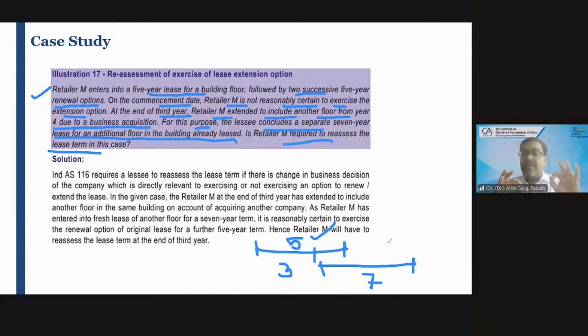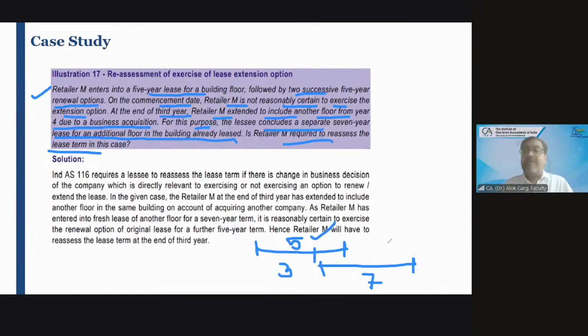If the lessee wanted to vacate this premises after 2 years, which is after completion of the 5 years, the lessee would not have taken another floor for 7 years. Or the lessee would have taken another floor in some other area. If the lessee wants to vacate, this indicates otherwise.